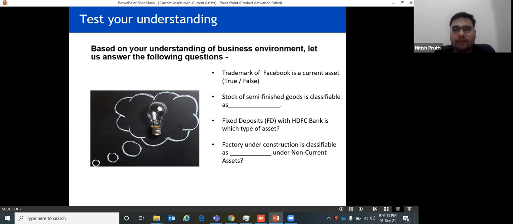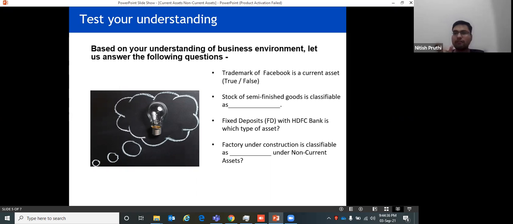Third question: fixed deposit with HDFC Bank is which type of asset? Now here the question is quite tricky. Let's say I have done a fixed deposit for a period of 6 months, it will be a current asset. But if I have done a fixed deposit for 5 years, it is a non-current asset. Now, what to do in such questions?